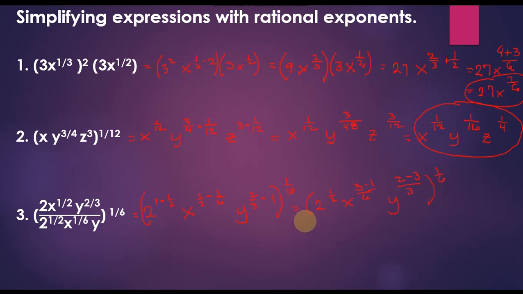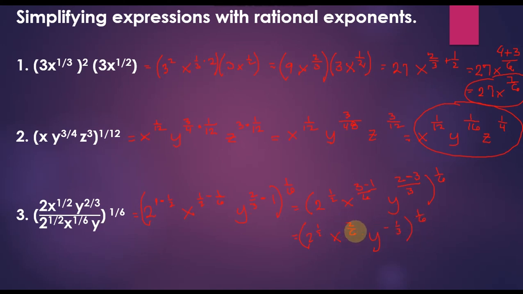Then simplifying this one, it gives us 2 raised to 1/2. Then x, 3 minus 1, that is 2 over 6. And then y, 2 minus 3, negative 1 over 3, raised to 1 over 6.